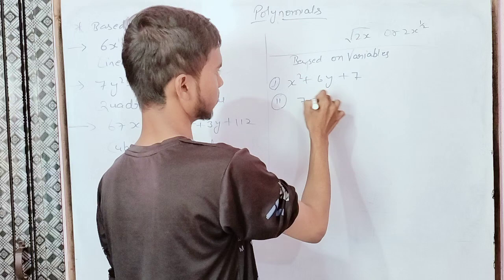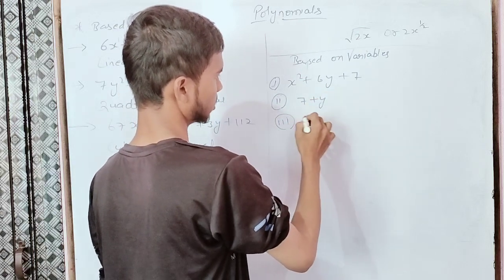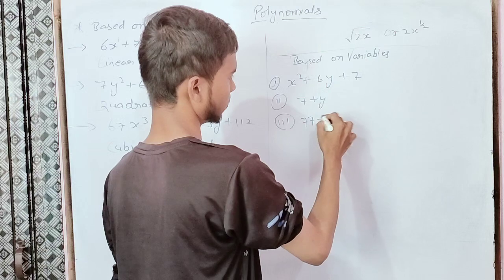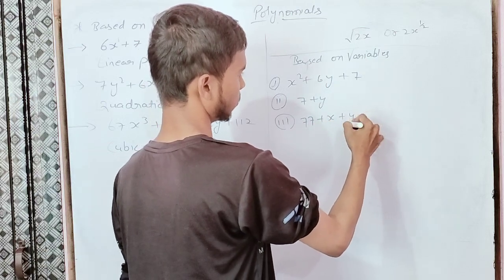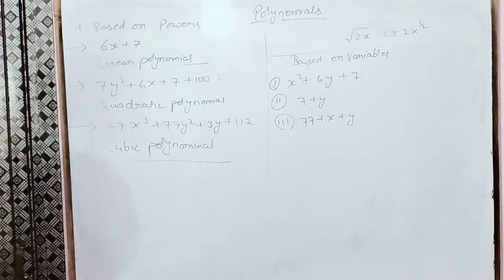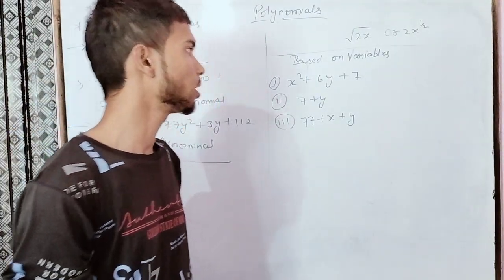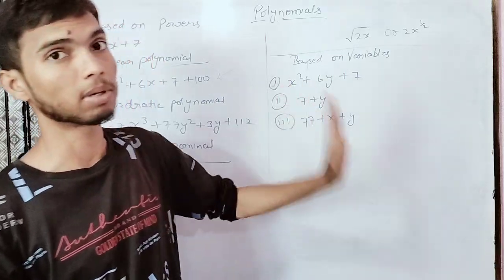Second is 7 plus y. Third is 77 plus x plus y. Here we are understanding the types of polynomials based on variables.